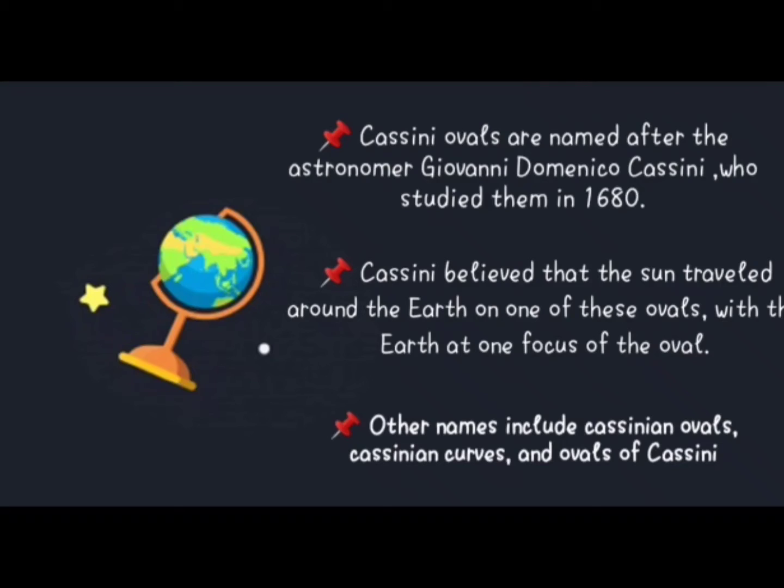Cassini believed that the sun travels around the earth on one of the ovals with the earth at one focus of the oval. Other names include Cassinian curve and ovals of Cassini.